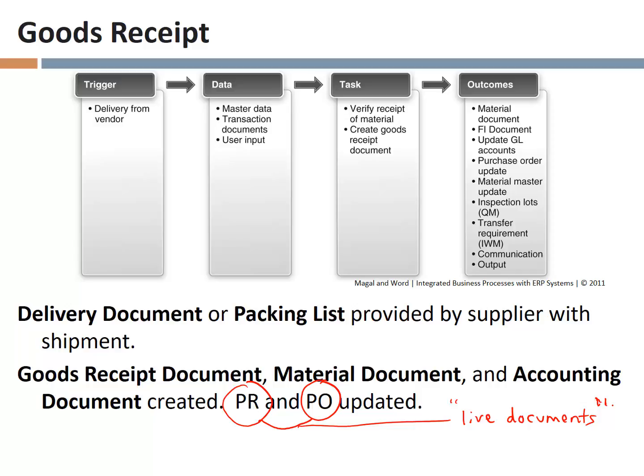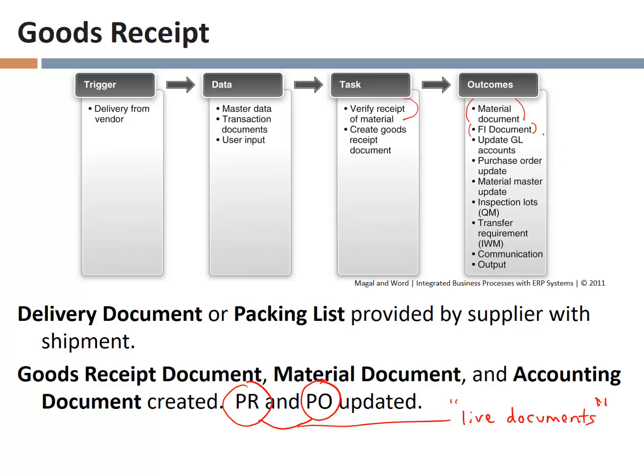So the goods receipt document has the items on it that you see here. Fundamentally, we're going to verify the materials, the count of those items, that they are in fact what we wanted. And then once that document is saved, a material document is going to be generated. An FI document is going to be generated.